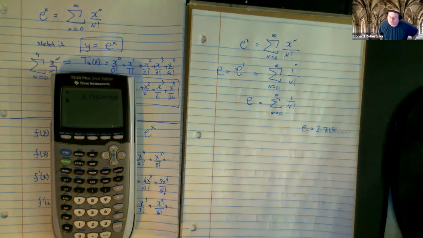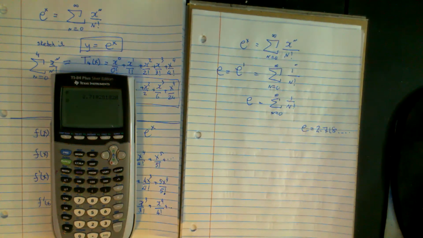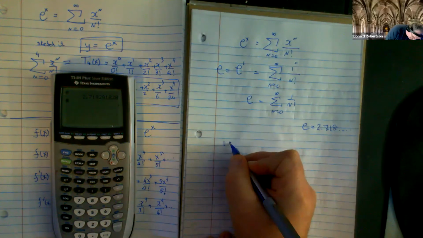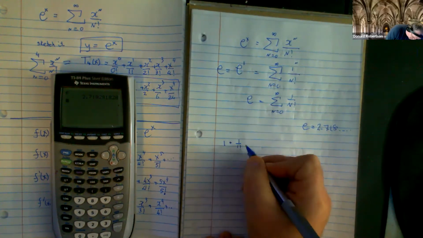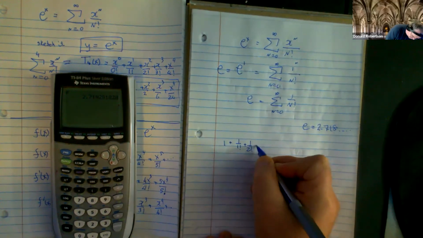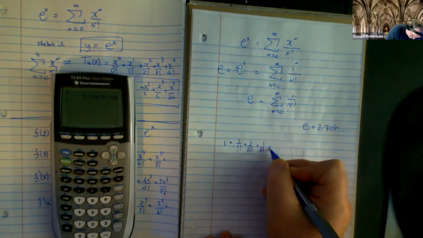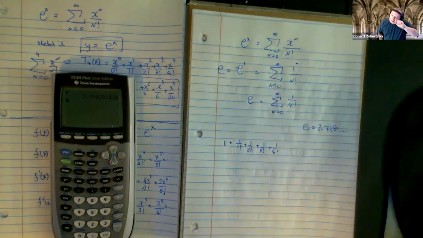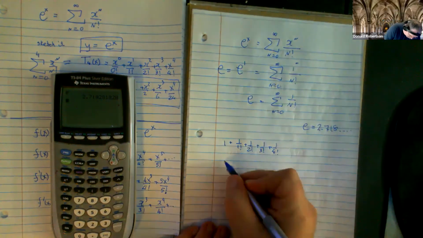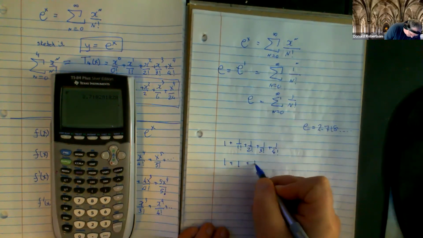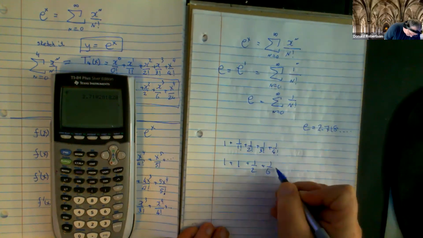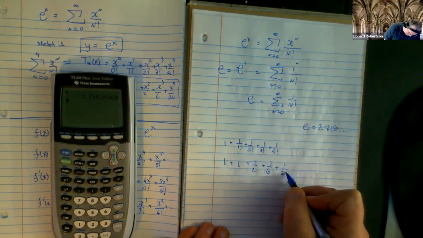Okay, how many terms do you want me to add up to see if we can get it close to e? 4. So that's going to be 1 plus, I'm going to call 4, you finish in 4 factorial. So I guess it's 5 terms, but we can live with that, can't we? That's 1 plus a half plus a sixth plus 1/24.